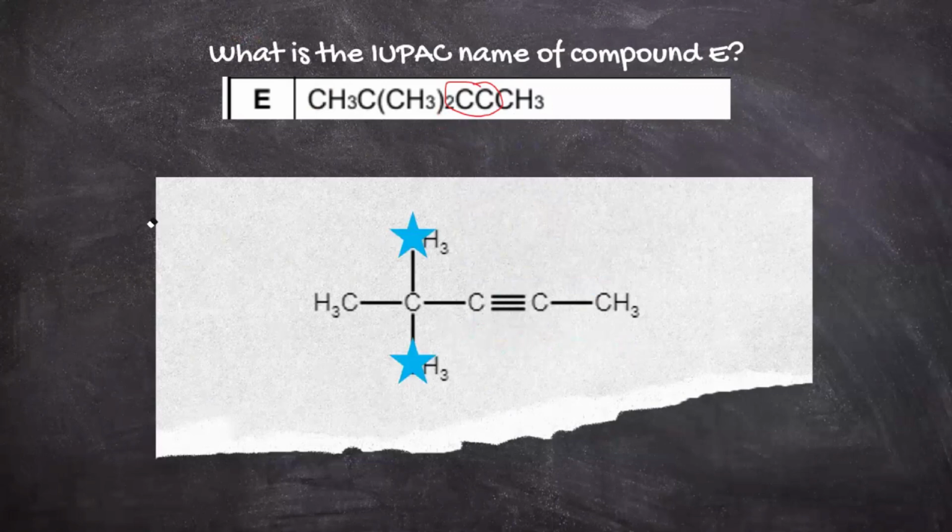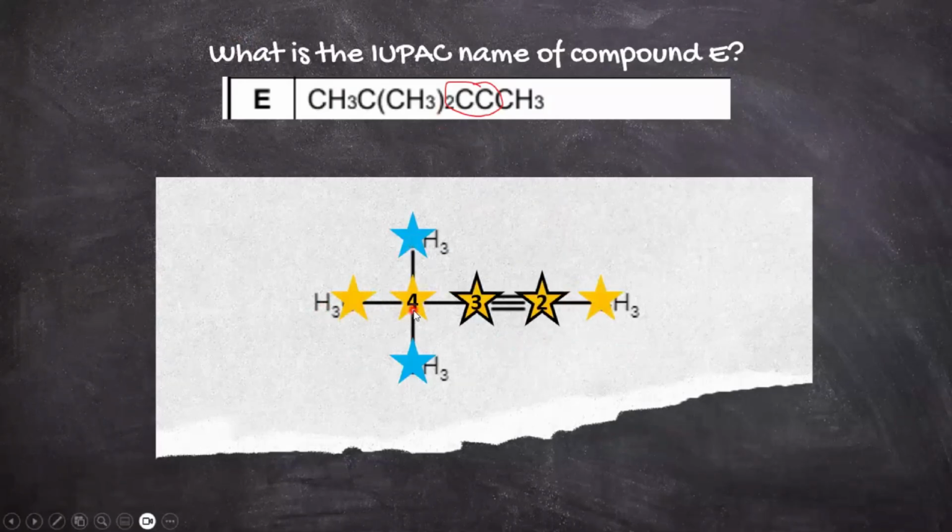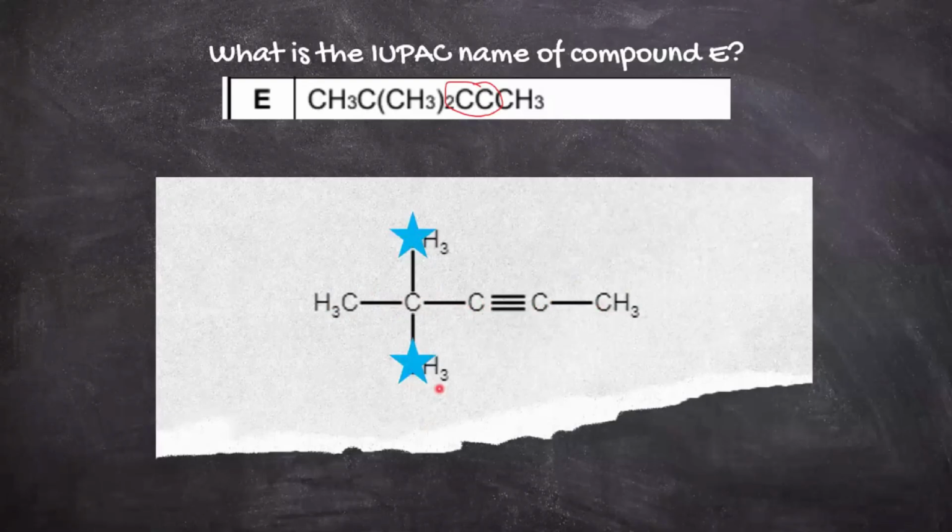These guys are very clearly side chains because if I was counting this way, I would only have 3 carbons: 1, 2, 3 carbons. If I was counting this way, I would have 1, 2, 3 carbons. If I was counting this way, I would have 1, 2, 3, 4, 5 carbons. And that's fine. This does work.